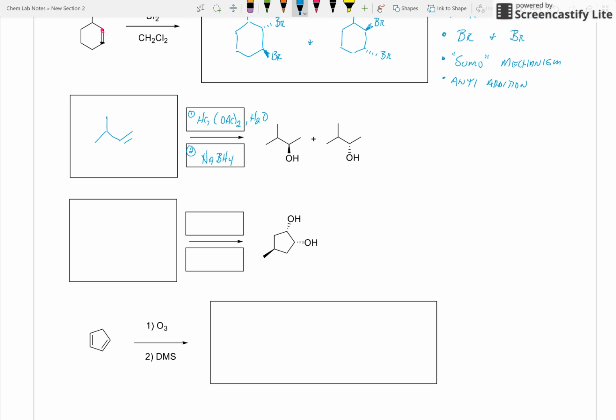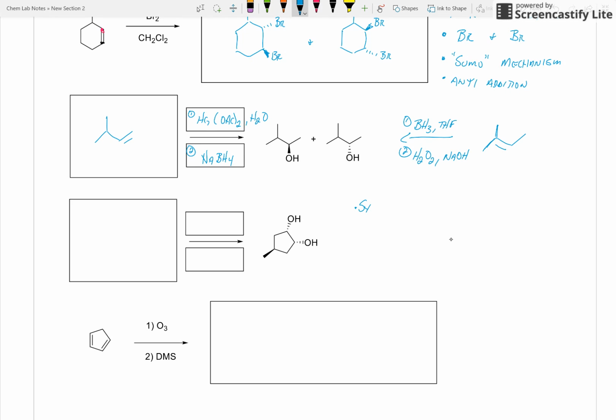That would be perfectly fine. We could also do our hydroboration, oxidation, and start from that alkene right there. So either one of those two will get to that answer.